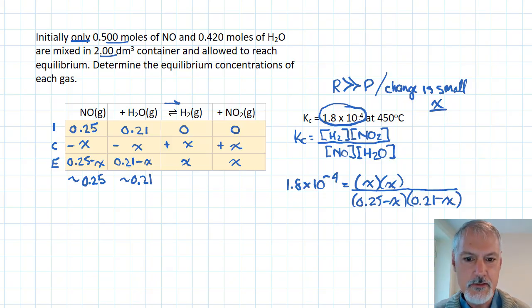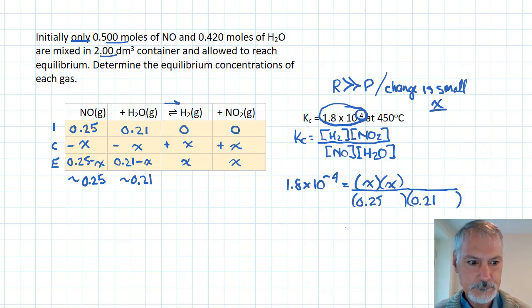And typically you can use this shortcut when you have something like 10 to the minus 4 as the exponent, or smaller. That then simplifies the bottom part of my expression. I can essentially just make it 0.25 and 0.21. This will then avoid the use of the quadratic in solving this expression.